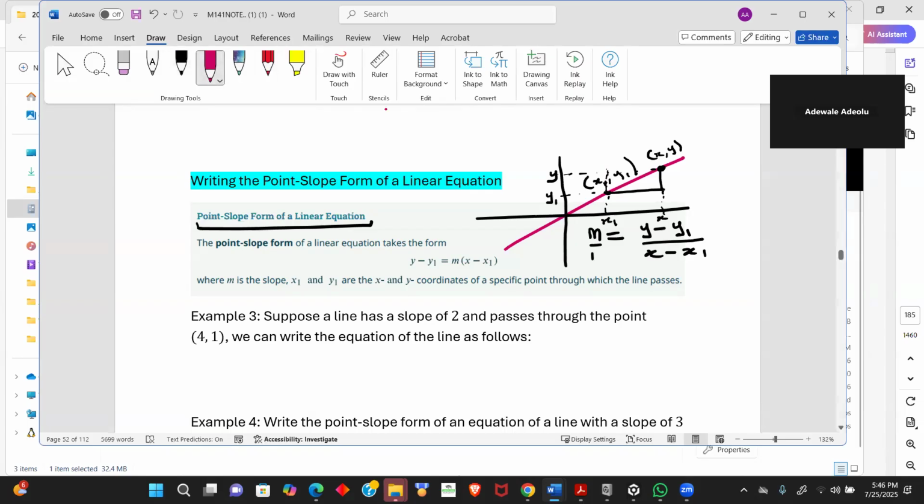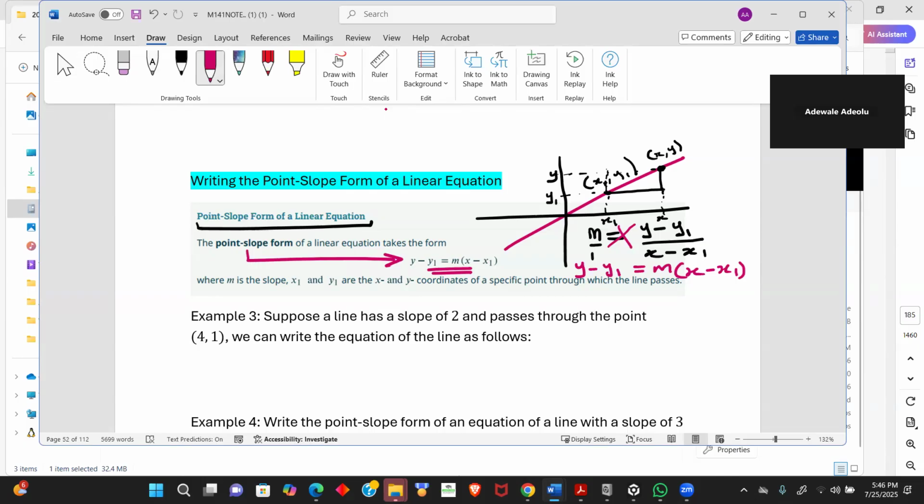And now if I cross multiply, I will have y minus y1 times 1, that is y minus y1, equals m times x minus x1. And that is how we have this. So I will call this point slope form for a linear equation.